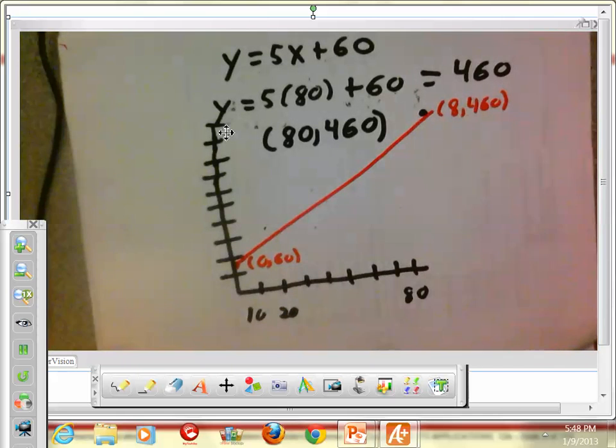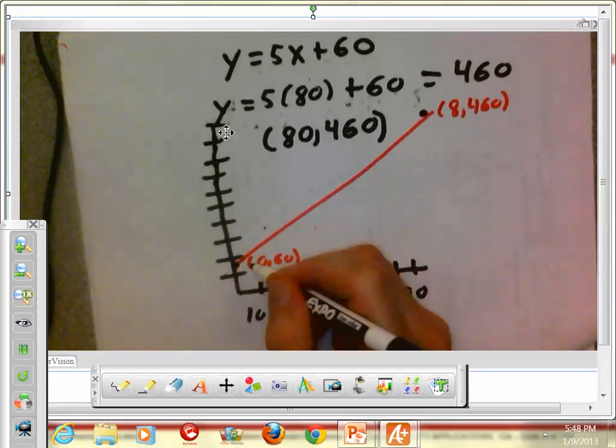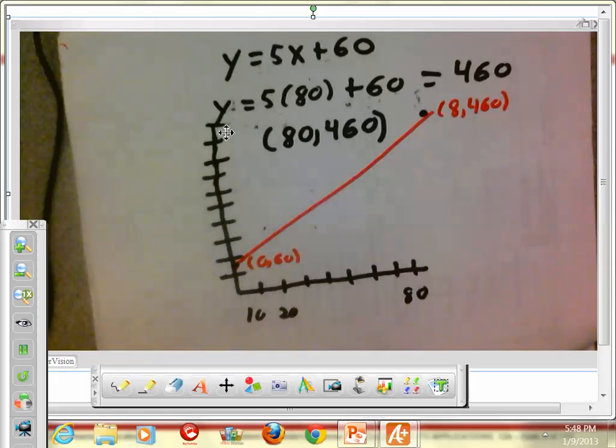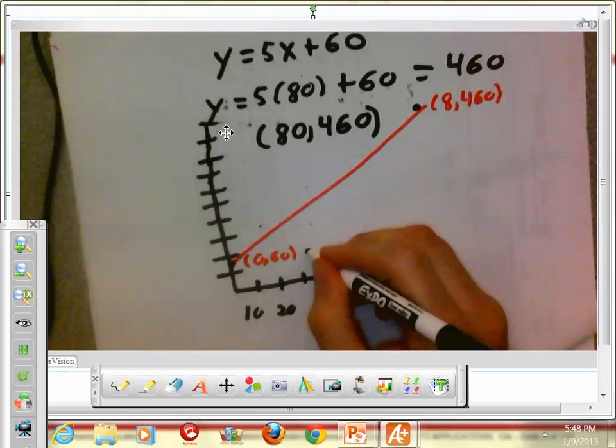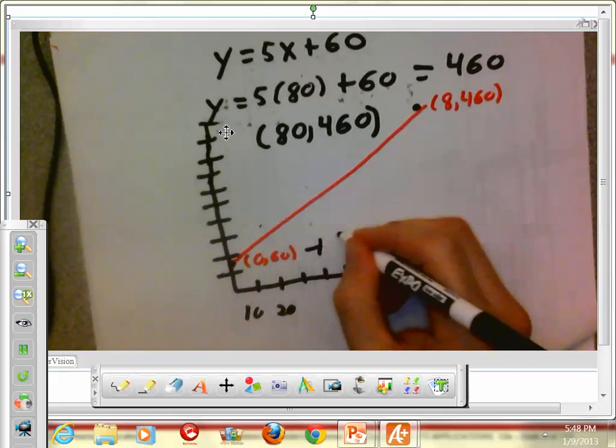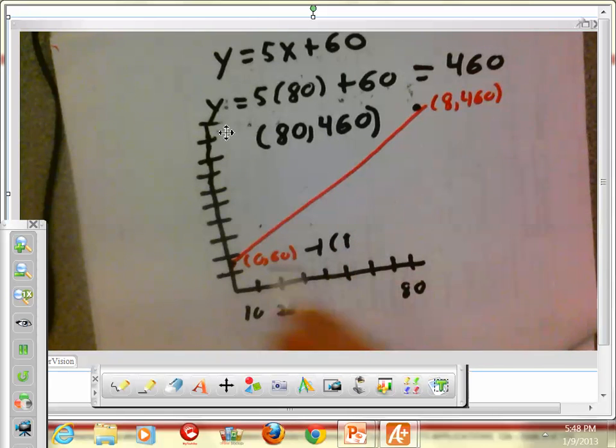All right. Now, suppose we're starting at the point (0, 60), and we want to go forward by 1 unit. If we make the 0 into a 1, we go forward 1 unit, how many units do we go up in the y direction?